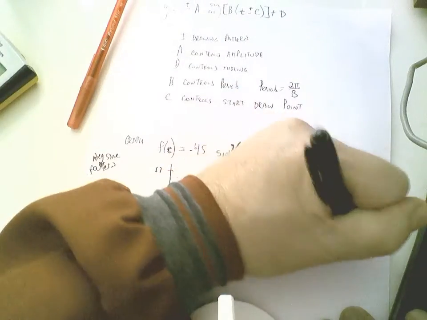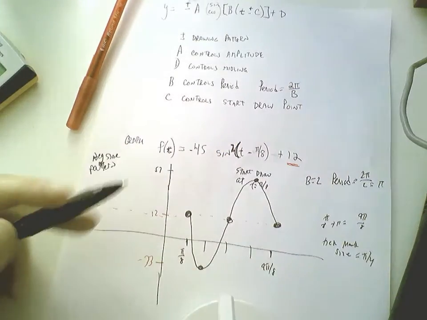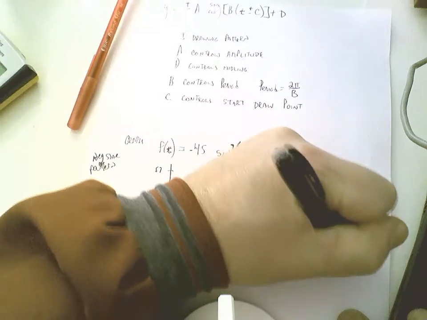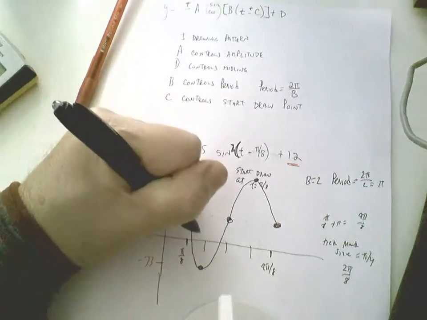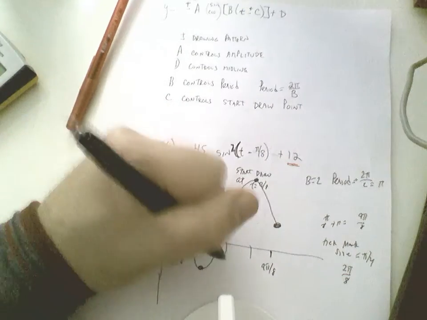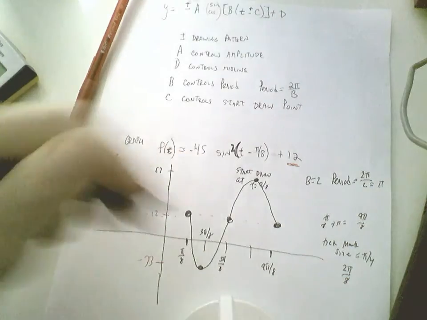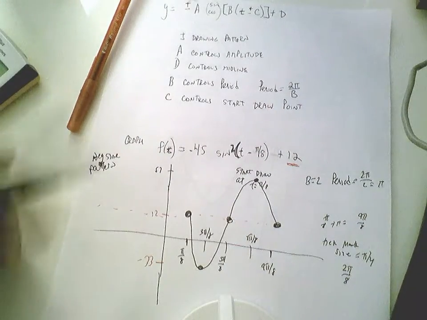Each ticky mark is pi over 4. And since I'm speaking in eighths for a lot of what I have, why don't I just turn this into 2 pi over 8? What's that help me with? Labeling the rest of my axis. Add 2 pi over 8. There's a 3 pi over 8, followed by a 5 pi over 8, followed by a 7 pi over 8.